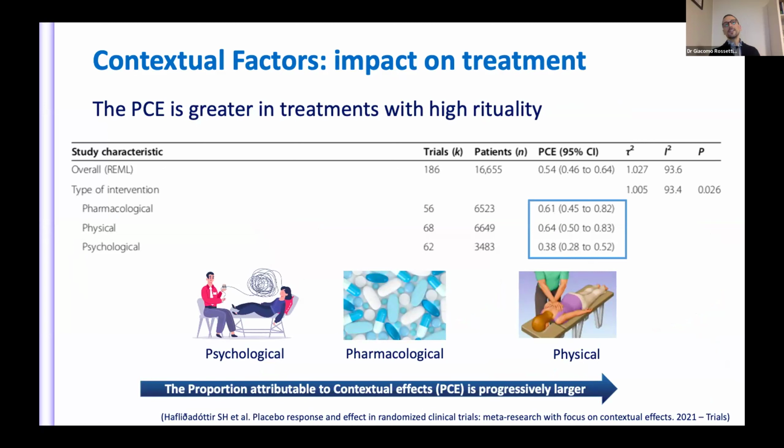And what we can see is that the proportion attributable to contextual effects is progressively higher in treatments with higher ritual. Going into specifics, in psychological treatments, the PCE weighs for 38%. In pharmacological treatments, it weighs for 71%. And in physical treatments, such as manual therapy, it weighs for 65%.